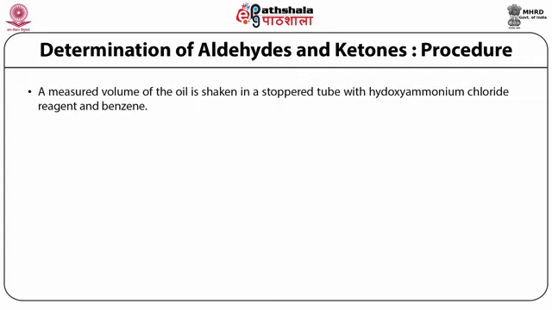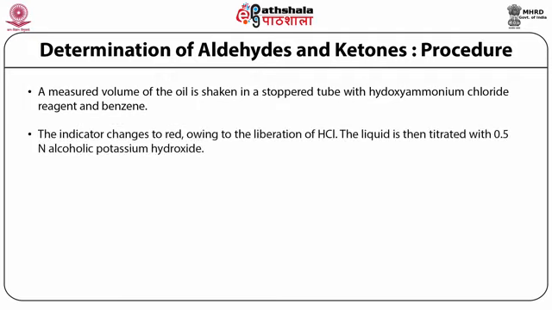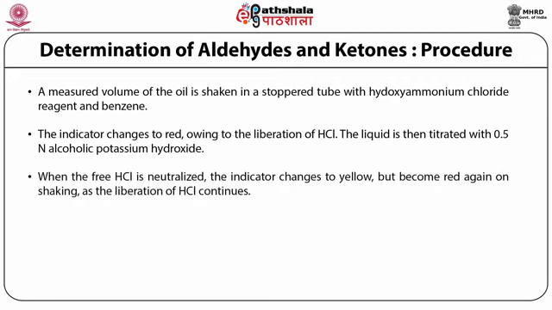A measured volume of oil is taken and shaken in a stoppered tube with the hydroxyammonium chloride reagent and benzene. The indicator changes its color to red owing to the liberation of HCl. The liquid is then titrated with 0.5 normal alcoholic potassium hydroxide. When free HCl is neutralized, the indicator changes to yellow again, but becomes red again on shaking as the liberated HCl continues.